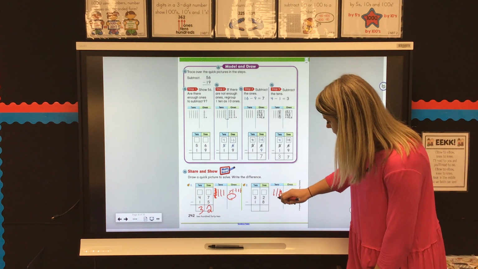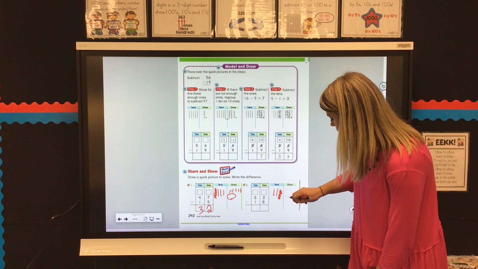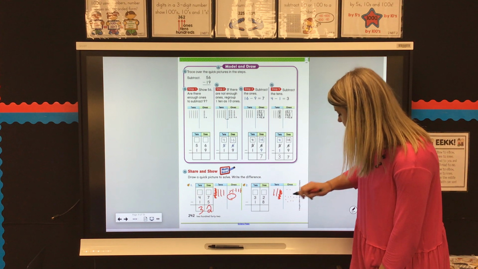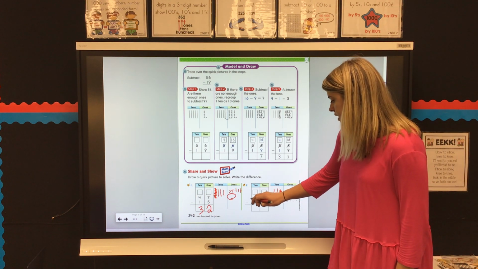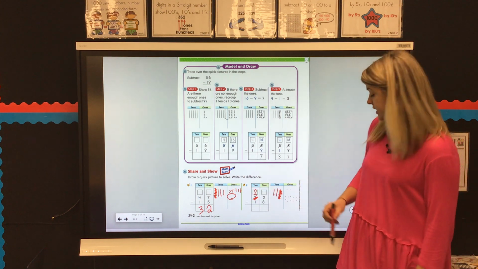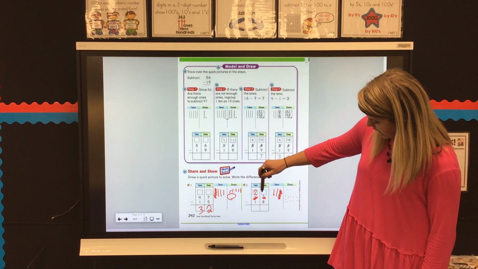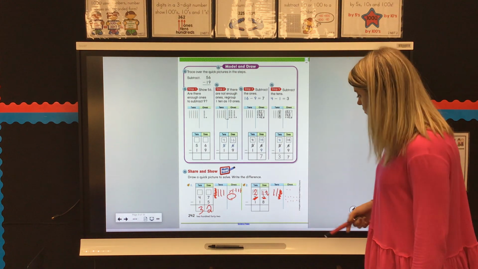So we're going to borrow this 10 rod and we're going to add 10 more. 1, 2, 3, 4, 5, 6, 7, 8, 9, 10. So we went next door and now instead of 3 we have 2 10 rods. And instead of 2 ones we now have 12. Okay?